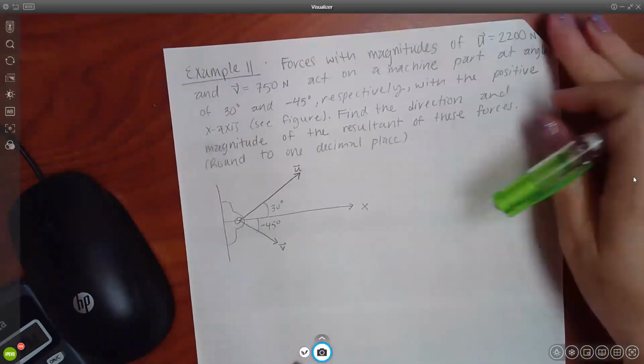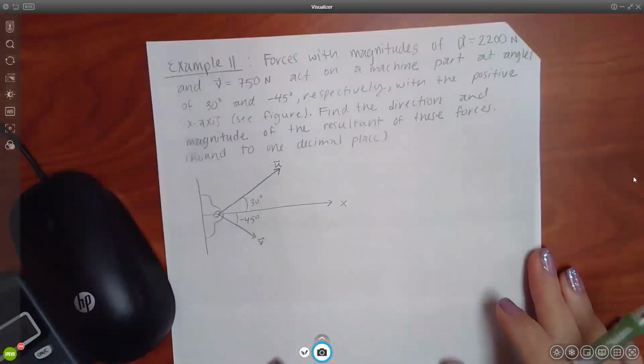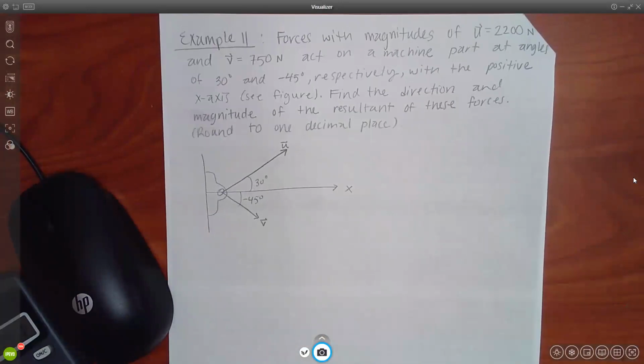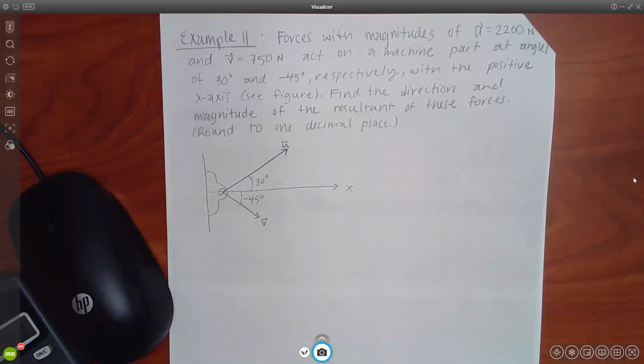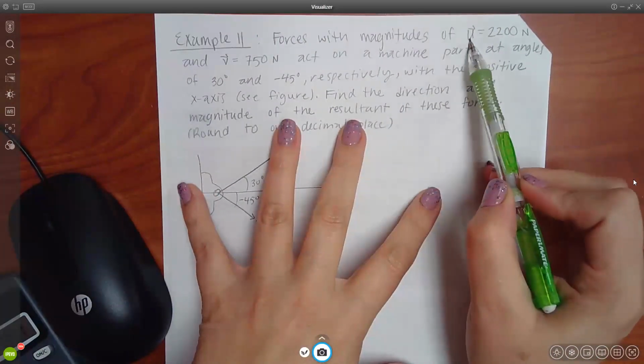Okay, so this one is a different kind of problem. It's not talking about pounds, it's talking about newtons, but for the most part, we're still gonna kind of follow the same process, okay? So it says forces with magnitudes of U equaling this. Now it's telling you that the magnitude of U equals this.